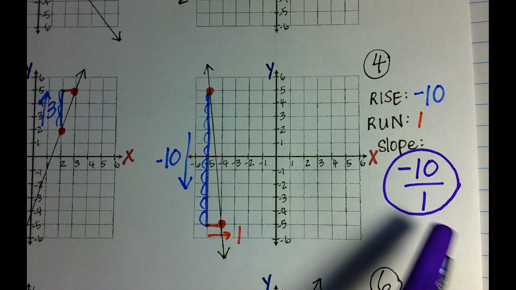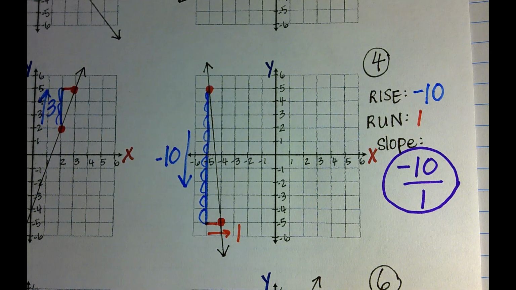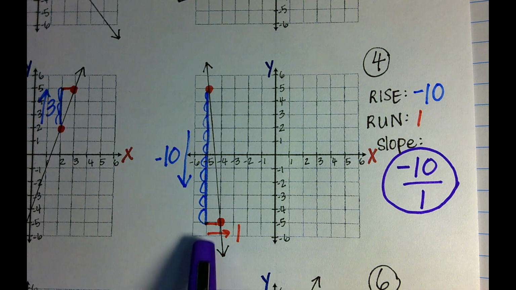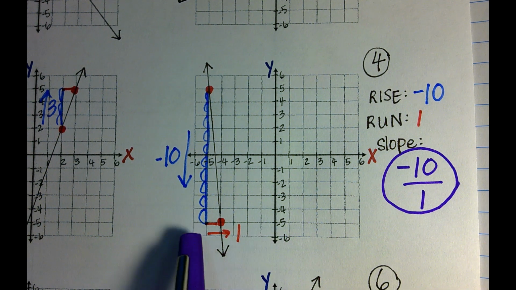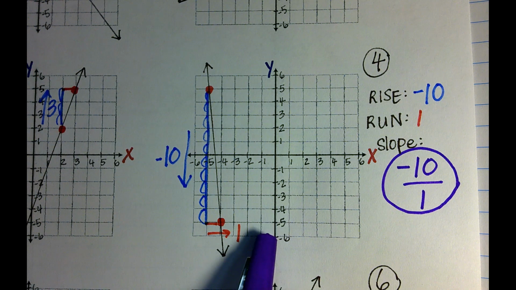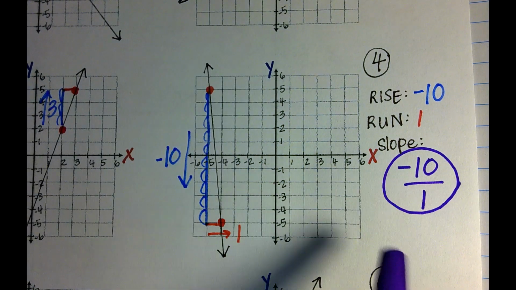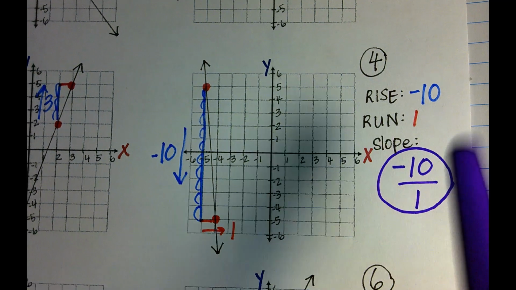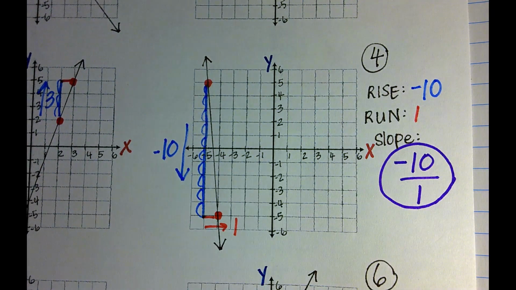The 1 doesn't have to be negative, even though it's over on the side. The reason our 1 is positive is because we are running to the right. Whenever we go over to the right, it's going to give us a positive 1. And we know that only one of these can be negative, because if I had negative 10 over negative 1, that would cancel out. It would turn into positive 10, right? Because a negative divided by a negative gives us a positive.